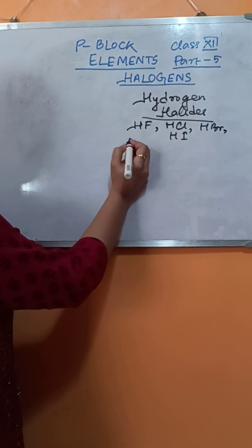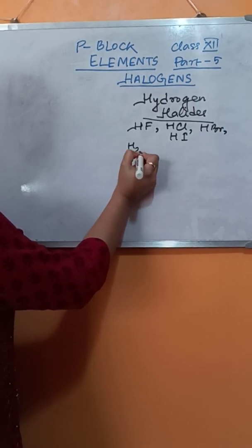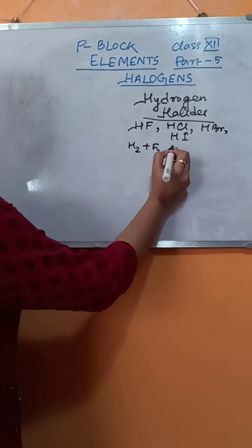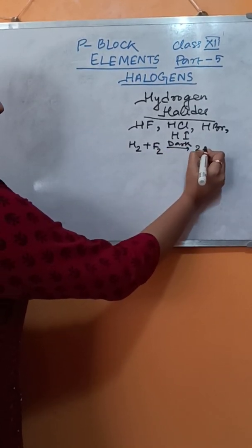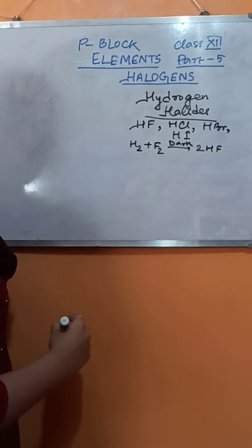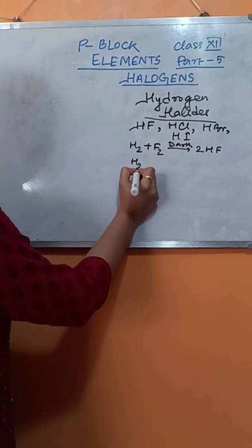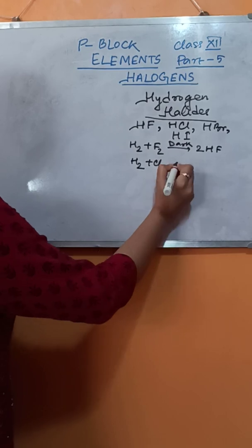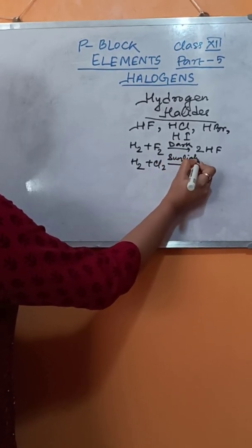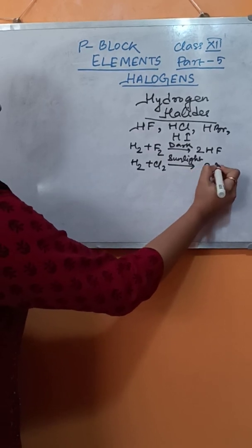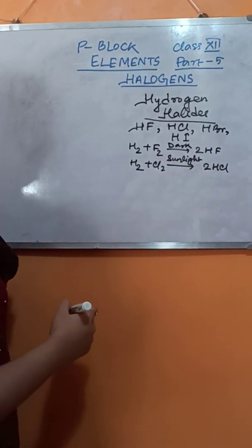Fluorine is so reactive that it reacts with hydrogen even in dark to form hydrogen fluoride. Chlorine reacts with hydrogen in sunlight to form hydrogen chloride.